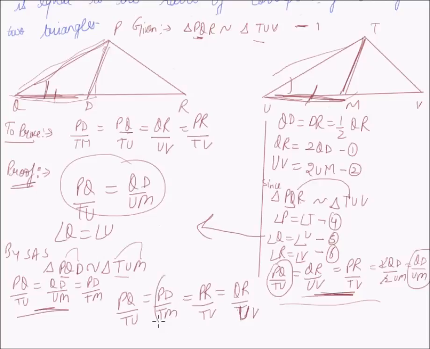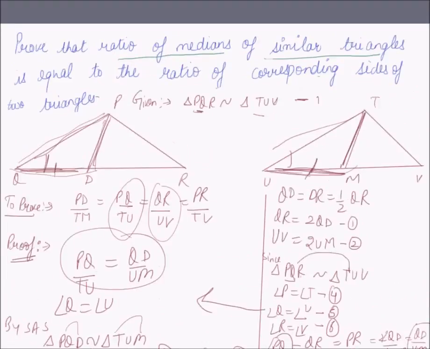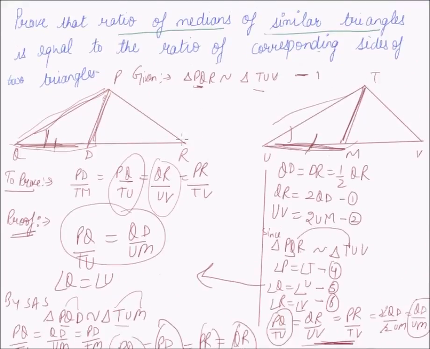Thus we can say that PD over TM, the ratio of medians, is equal to the ratio of corresponding sides PQ, TU, QR, UV and PR, TV. Hence the ratio of medians of similar triangles is in the ratio of corresponding sides of two triangles.